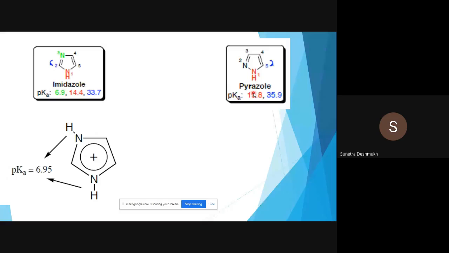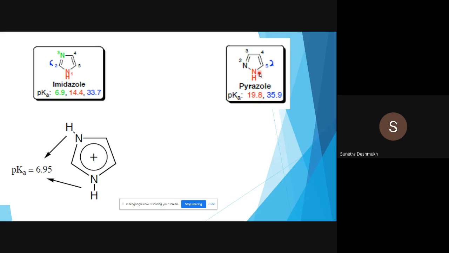And here we don't have N single bond N. So here we have to see what is the pK value of pyrazole and imidazole. So pyrazole, as you can see over here, NH, in both acidic, electronegative difference in between these two.